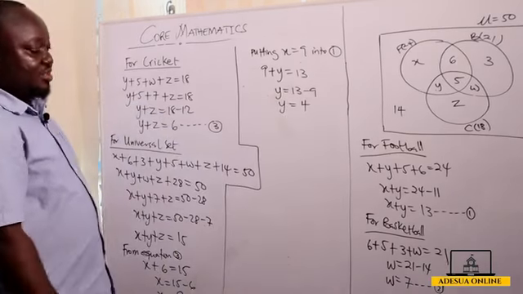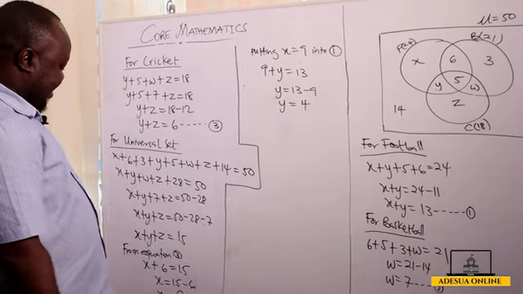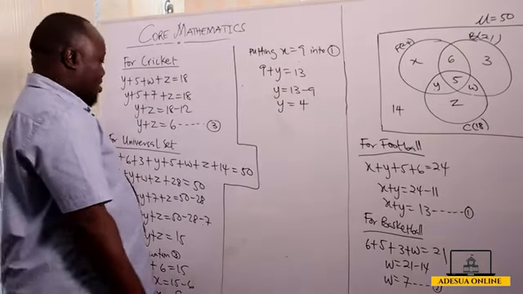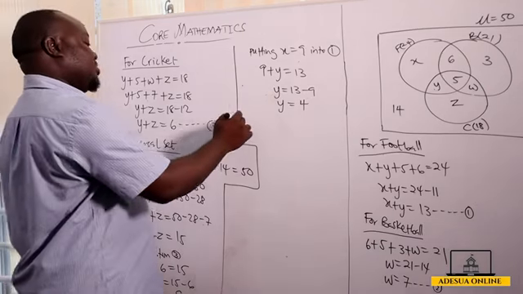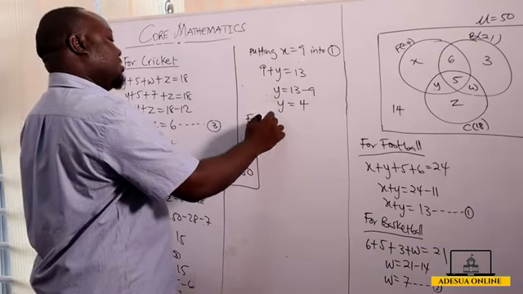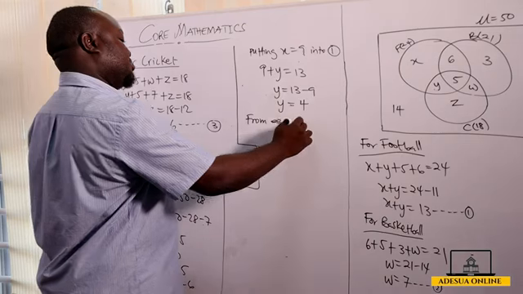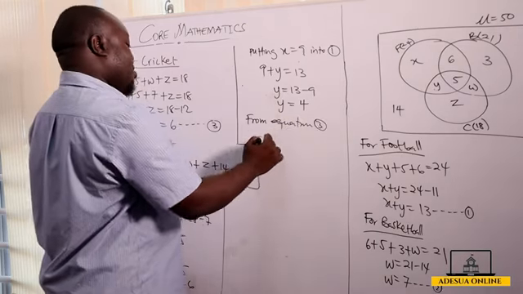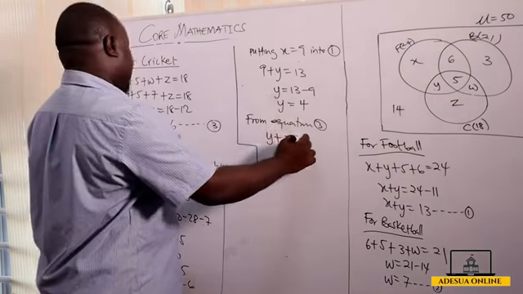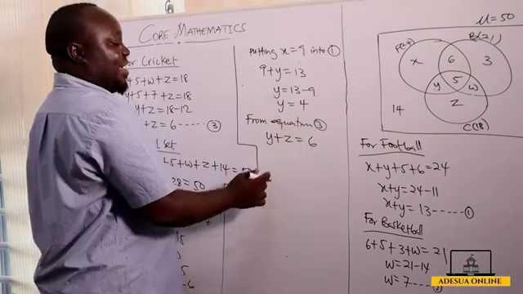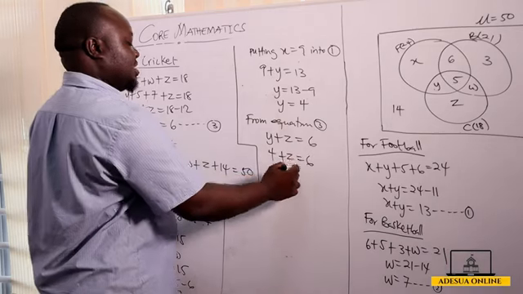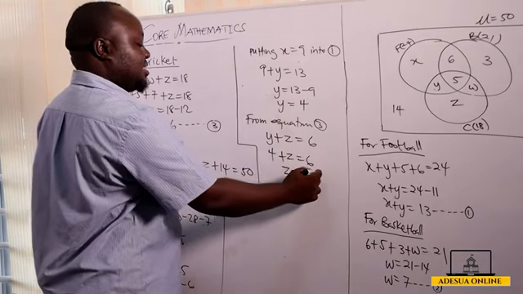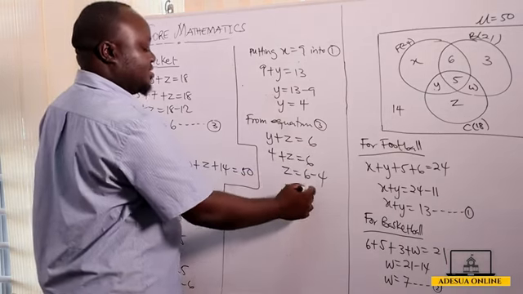Since our y is equal to 4, let's find z. From equation 3, y plus z is equal to 6, and y is equal to 4. So we have 4 plus z is equal to 6. So z is equal to 6 minus 4.